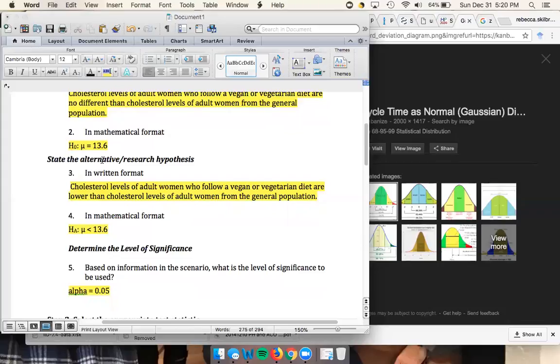So the population mean 13.6 is the cholesterol level of just the general population in this scenario. If we're going to accept the null, which is that all vegan vegetarian diets have the same cholesterol level as the population, then they will also have the same exact cholesterol level of 13.6, right?